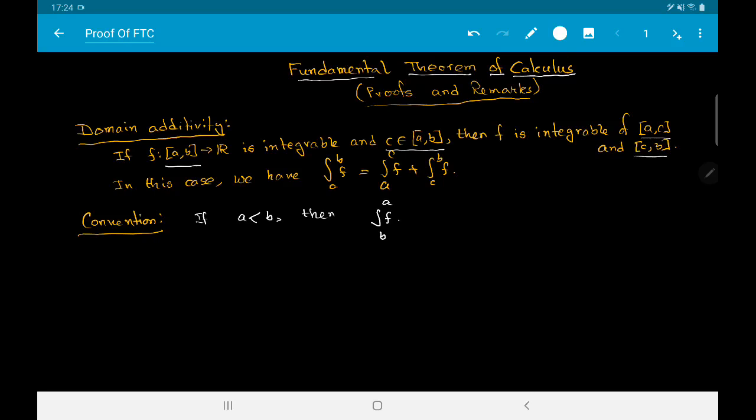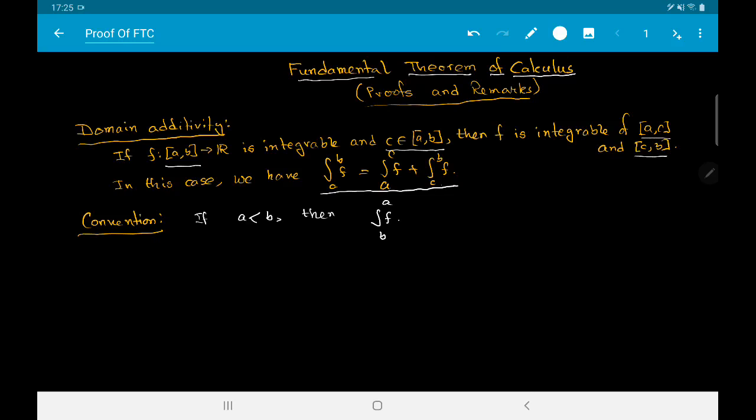And in this case, most importantly, we will also have the equality that the integral of f over [a,b] is the sum of the integral of f over [a,c] and over [c,b].